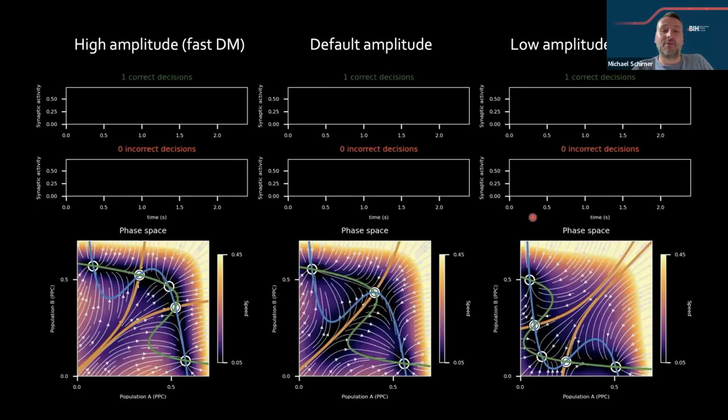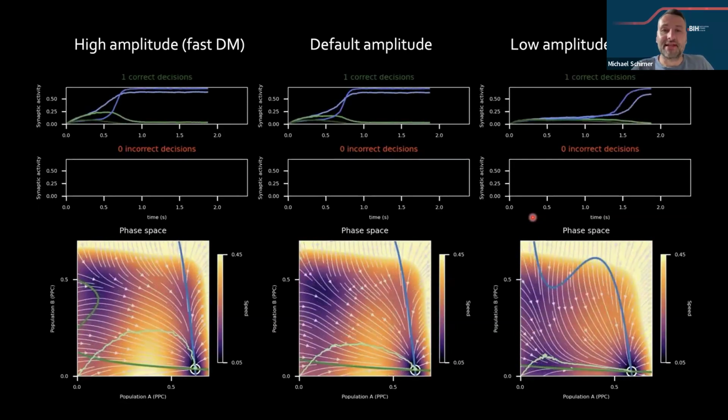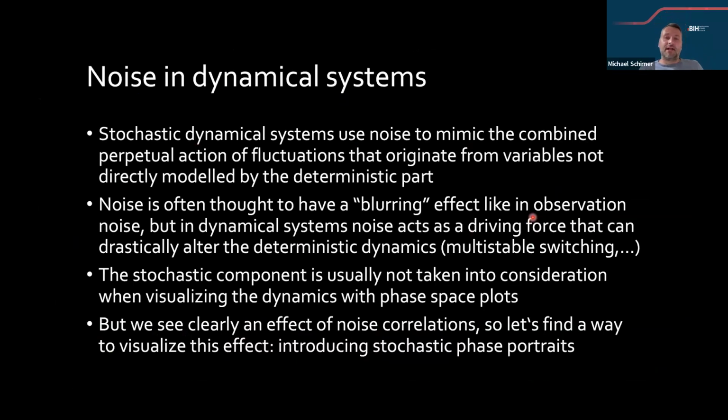The point is, with these phase-space diagrams, we can now find a mechanistic explanation with attractors, separators, saddle points, and bifurcations that allow us to understand this in the language of dynamical systems theory. And the same thing we can also do with noise.